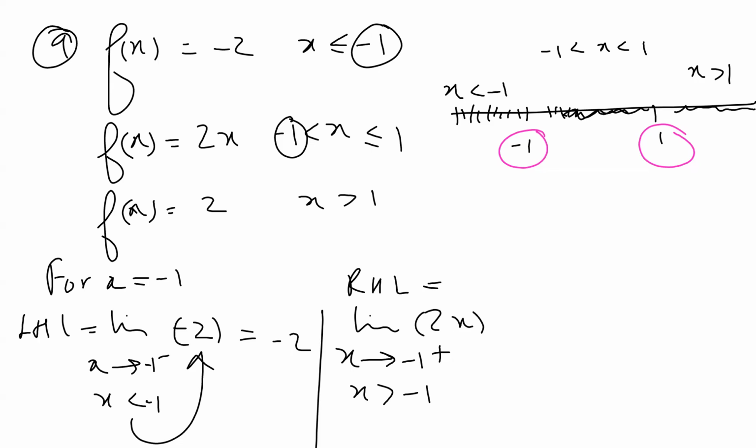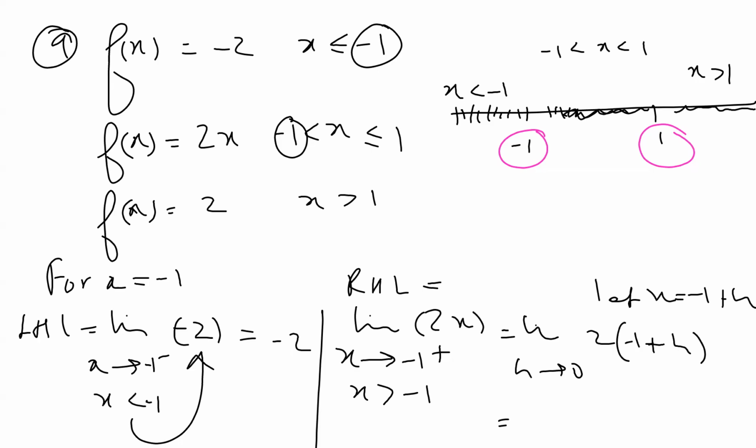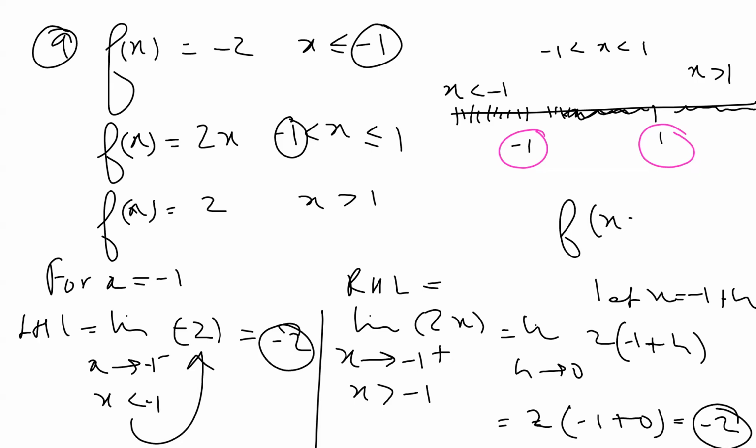So let x is equal to -1 plus h. So h will approach 0. 2 into -1 plus h, so 2 into -1 plus 0, which is -2. And the third thing, f of x at x equal to -1 is also -2.